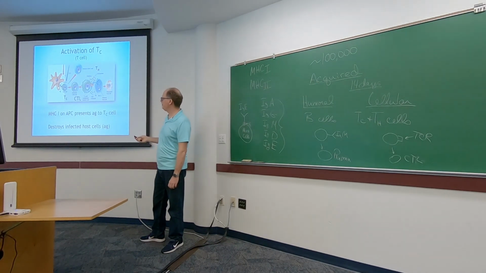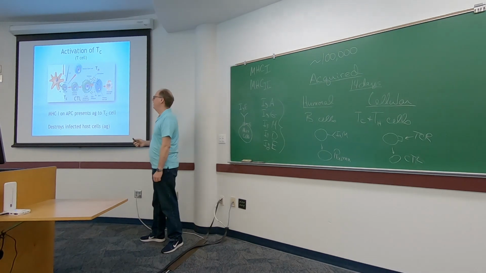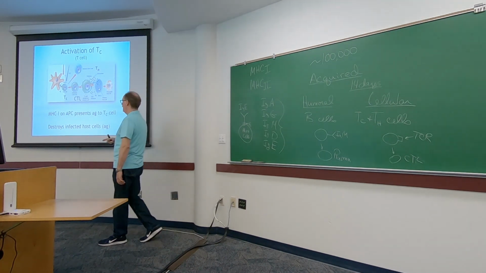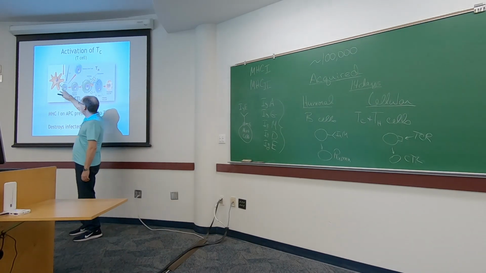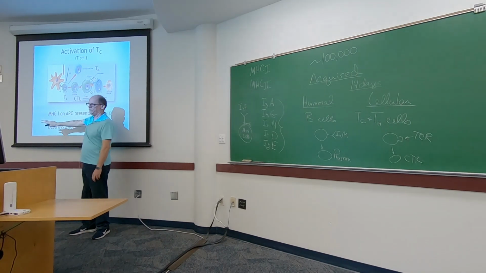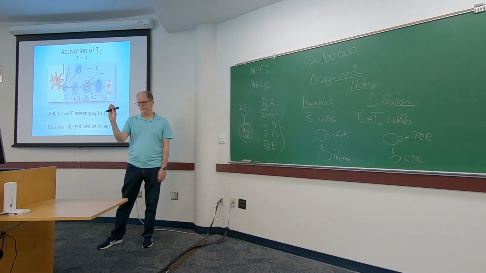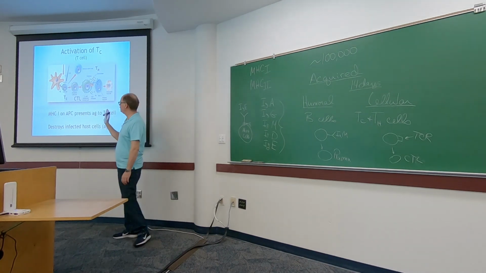So we have the same scenario as we did with the T helper. The antigen presenting cell can be the macrophage or dendritic cell, but now it's going to use the MHC1. It's like a one-handed, it's hanging onto the peanut with just one hand.